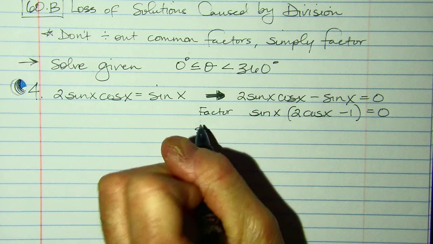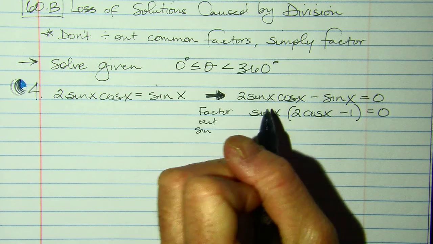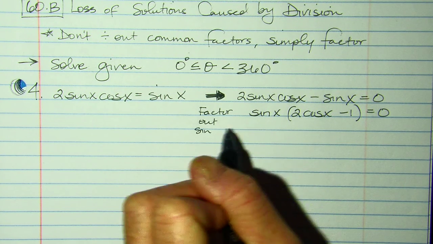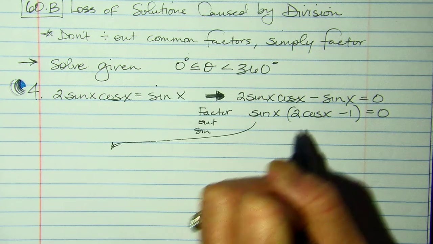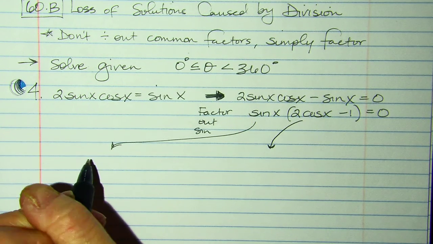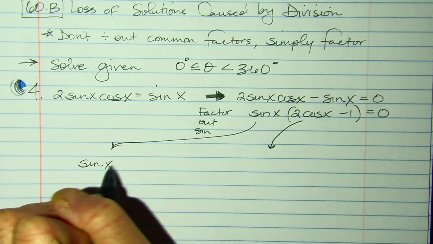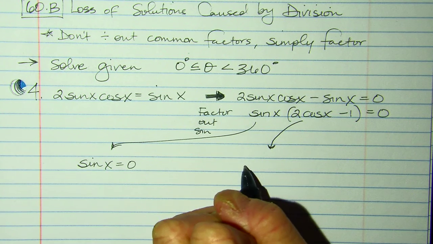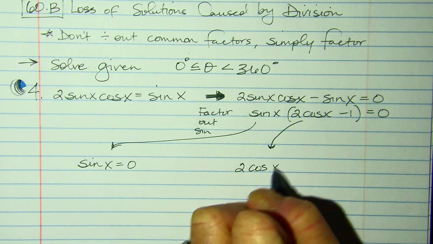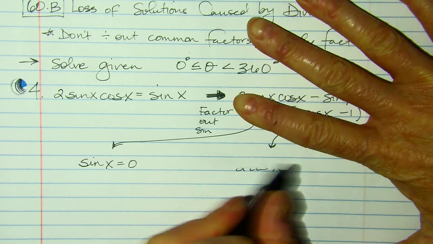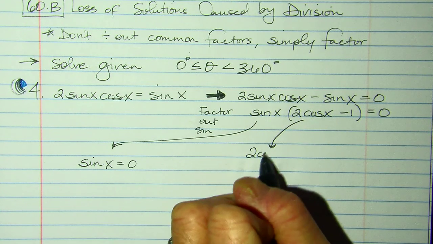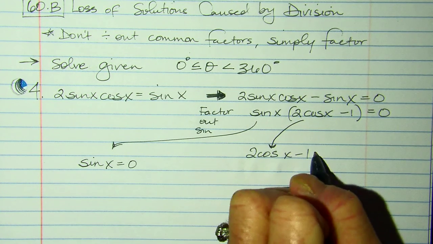Sorry, I'm just making sure these are good notes. Now I'm going to set each one equal to 0 to solve. So when does the sine of x equal 0? When does 2 cosine x minus 1 equal 0?